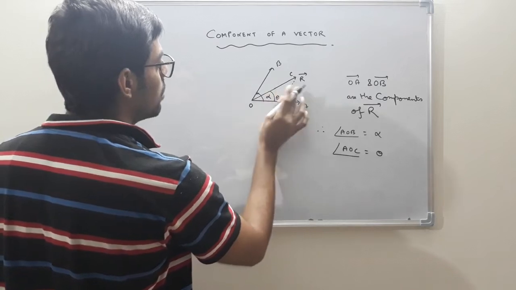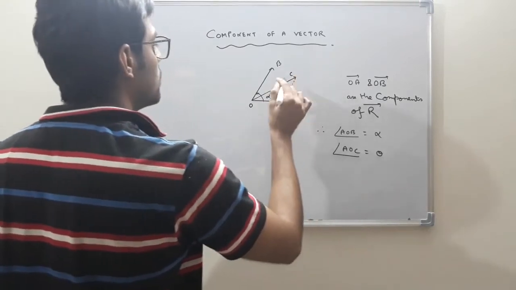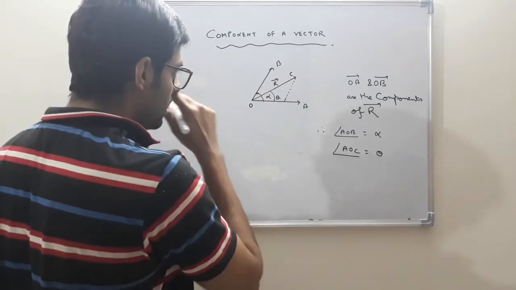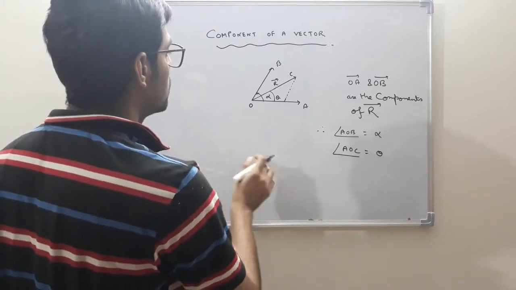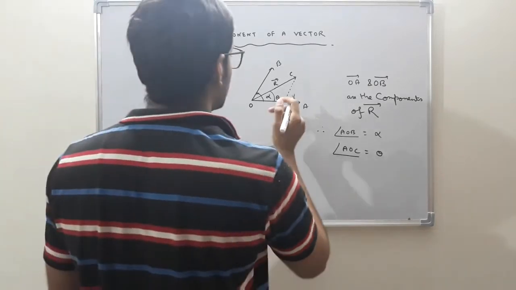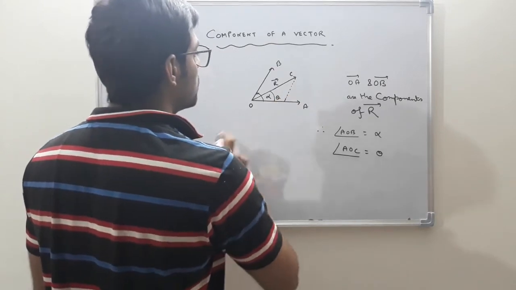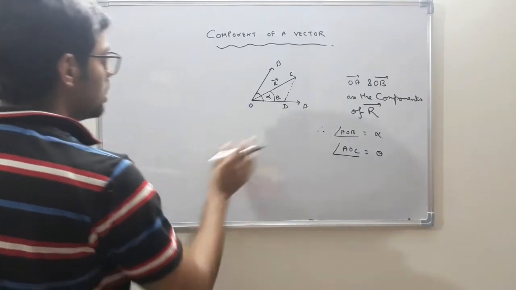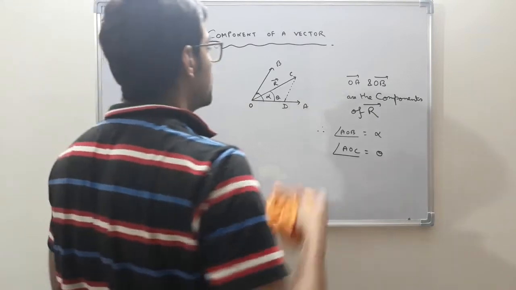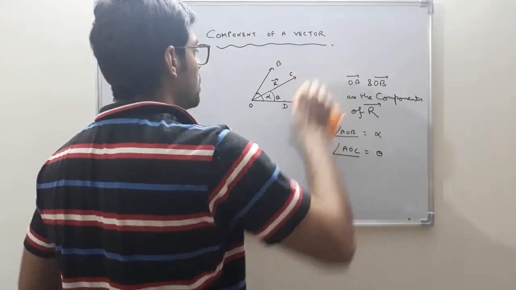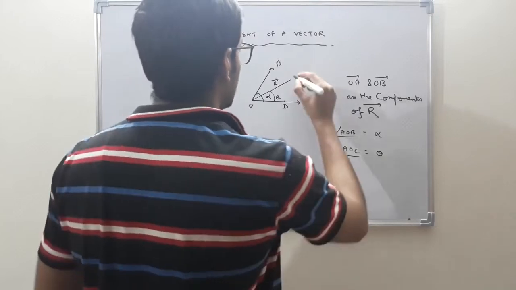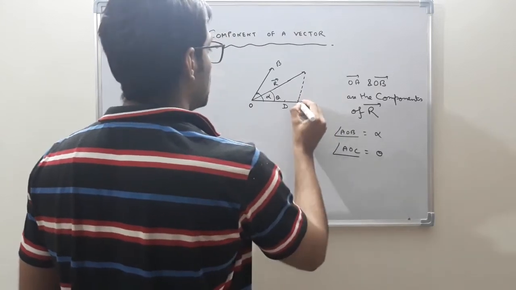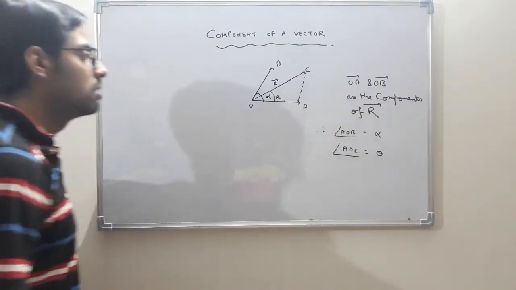We have to construct a line parallel to OB, and suppose the point is D. For your simplicity, let us extend this direction. Let us say this point is C.